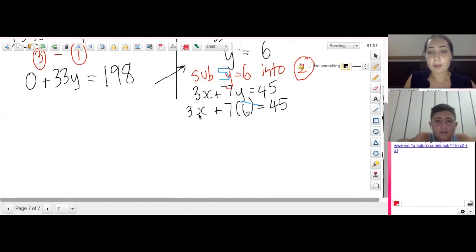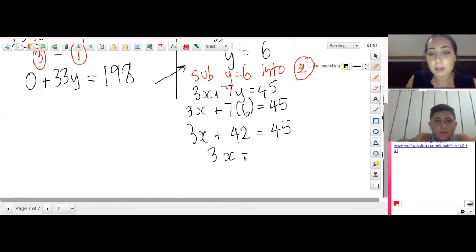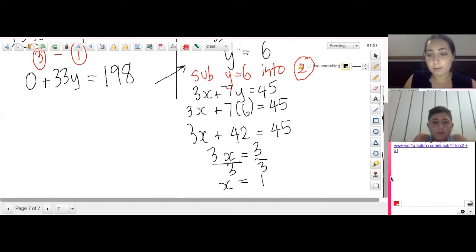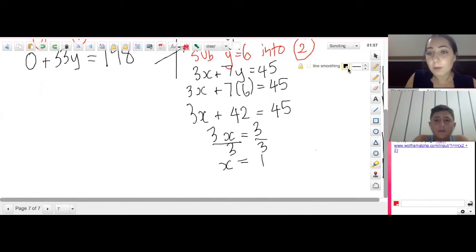And then we have 3x plus 7 times 6 is 42, equals 45. We're going to subtract 42 from both sides. So we have 3x equals 3. And then we simply divide both sides by 3 to find the value of x. So we have x equals 1. So now we can conclude that the value of x equals 1 and y equals 6.